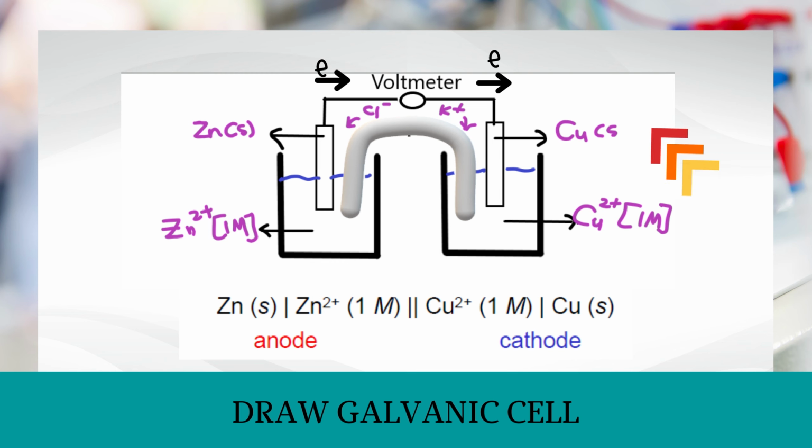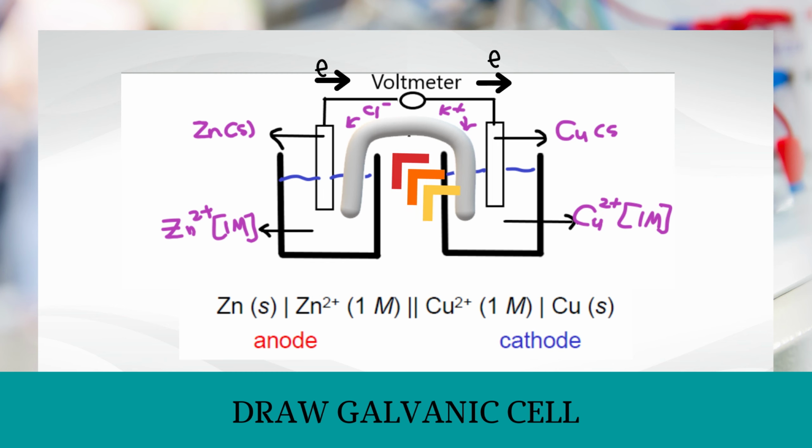At the other half cell, solid copper is used as the cathode electrode and 1 molar Cu2+ as the electrolyte. For the galvanic cell to work, the solutions in the two half cells must remain electrically neutral.